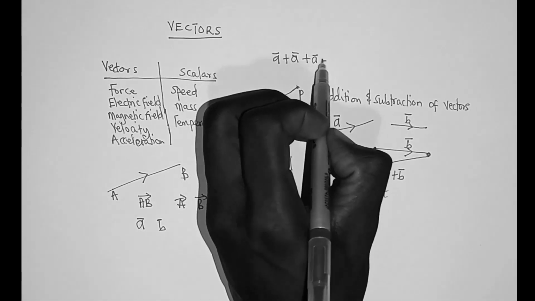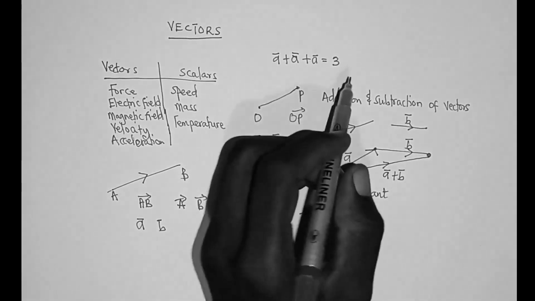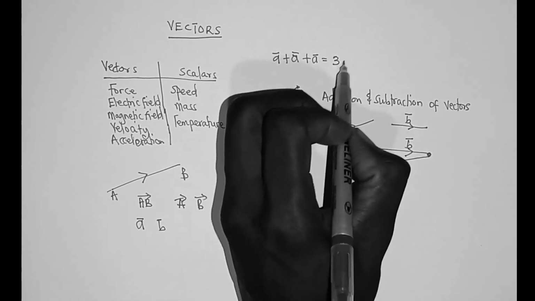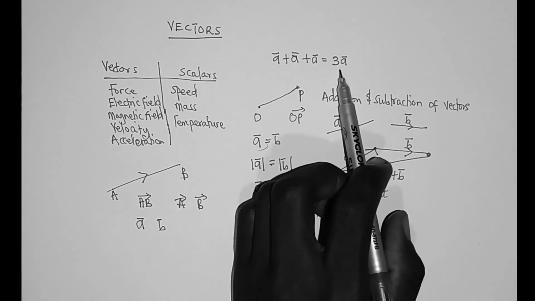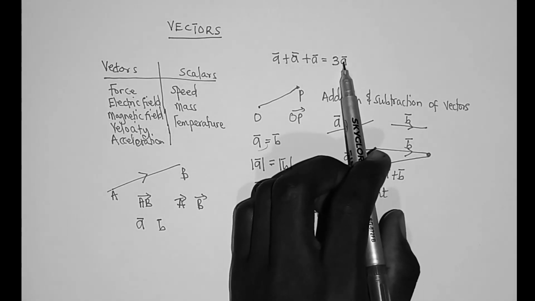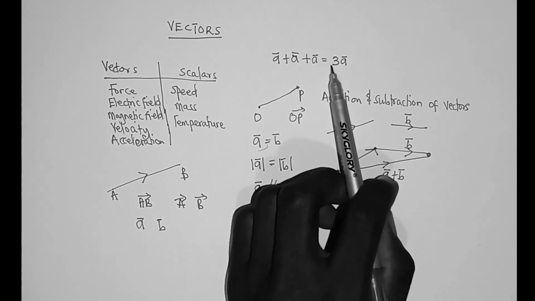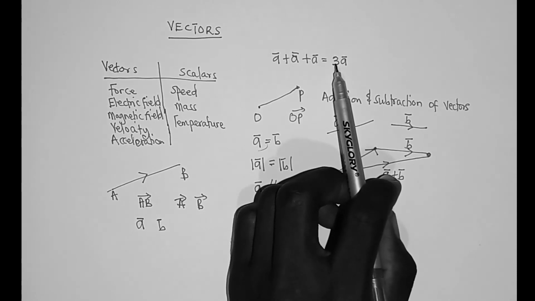So this is equal to 3 times vector A. So this 3 is a scalar and then A is a vector. So you could just multiply 3 by the vector A.